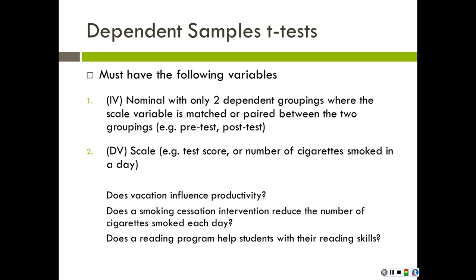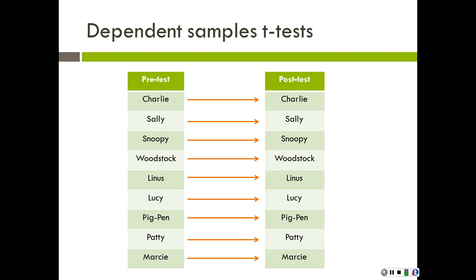And so this dependent samples t-test is most often used to compare the same group twice, right? Once before an event or an intervention and once after the event or the intervention. So if we are going to see if a reading intervention influences reading scores, then you would measure reading abilities in children before the intervention.